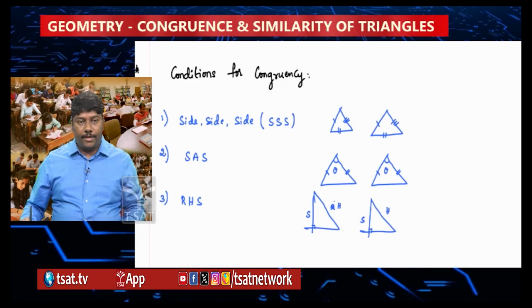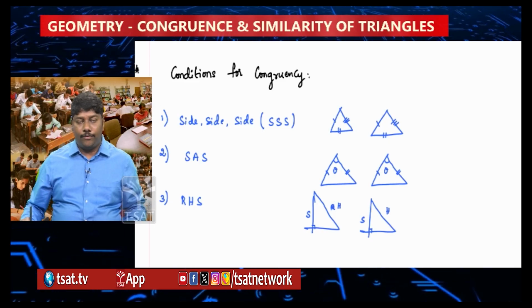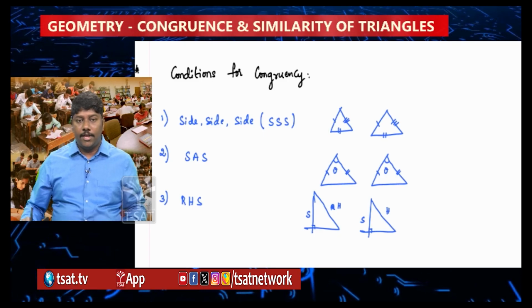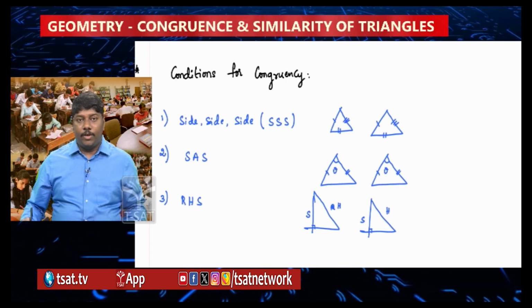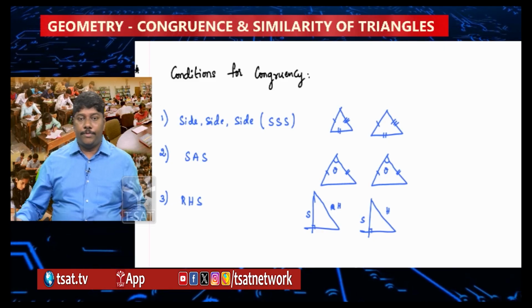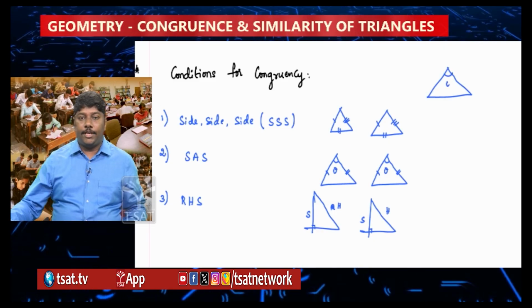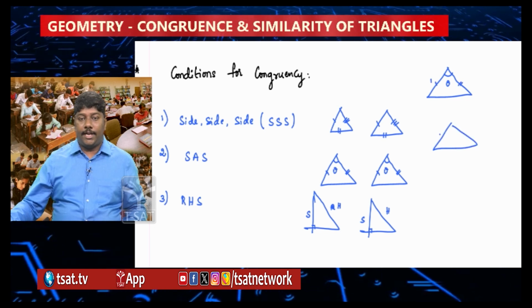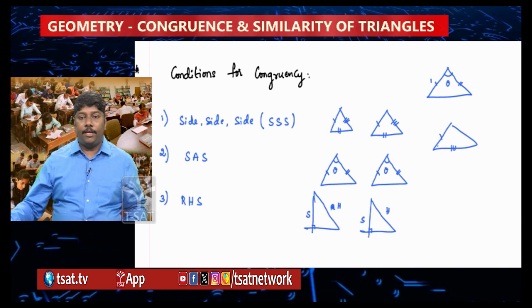So, out of these three, the first one: all three sides of one triangle equal all three sides of another triangle, then they are congruent. The second one: two sides and their respective angle should be equal. Suppose this angle is theta, side 1, side 2. Another one, side 1, side 3, angle between them is theta.